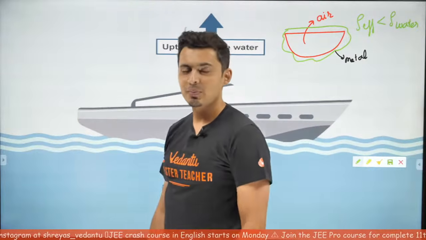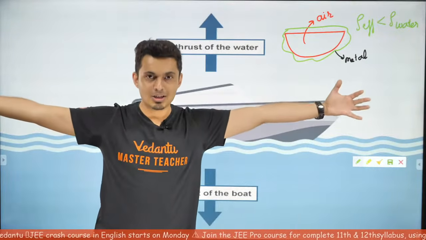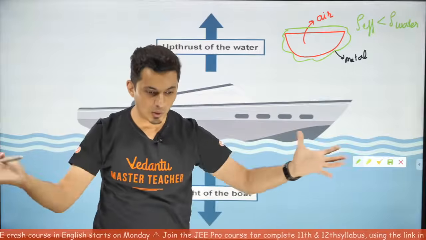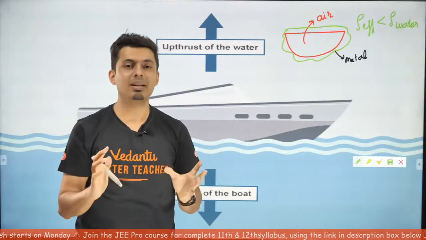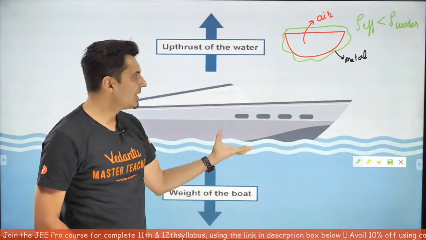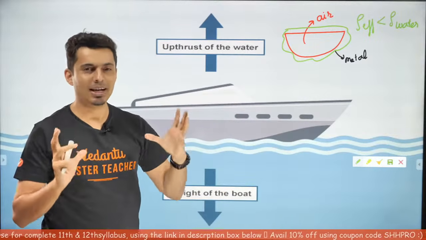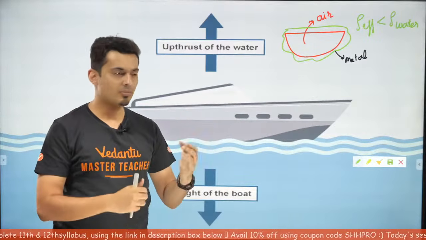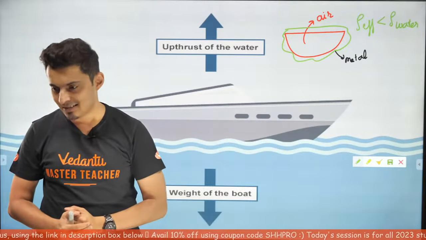So you make the ship so large, or basically you make sure that the volume enclosed inside the ship is so large that the effective density comes out much lesser than that of water. That's why it behaves like a solid which is less dense than water, and it effectively floats or partially submerges in the liquid. Is that making sense?